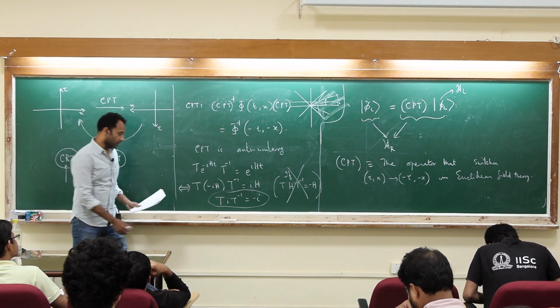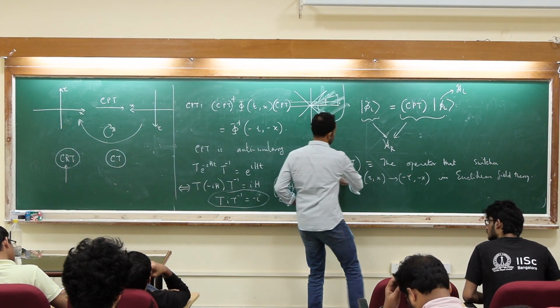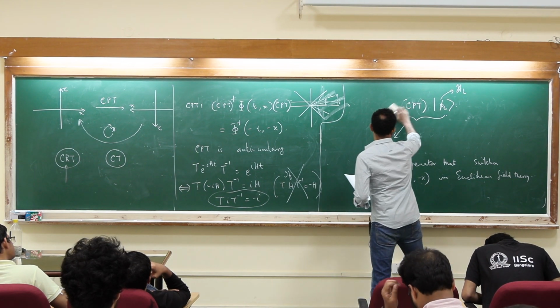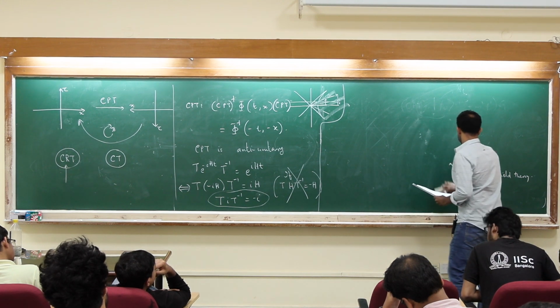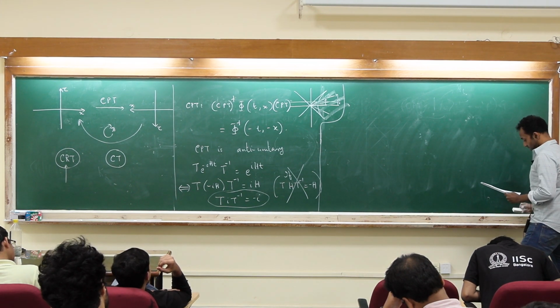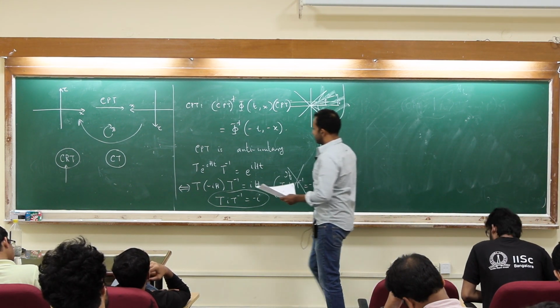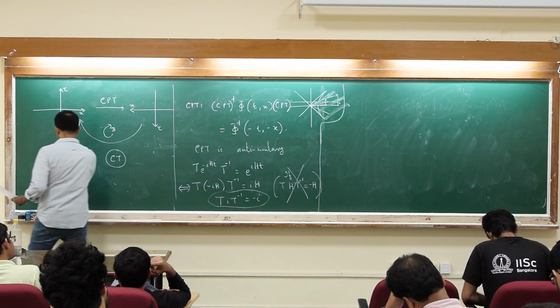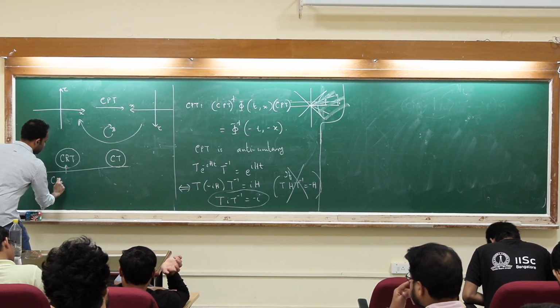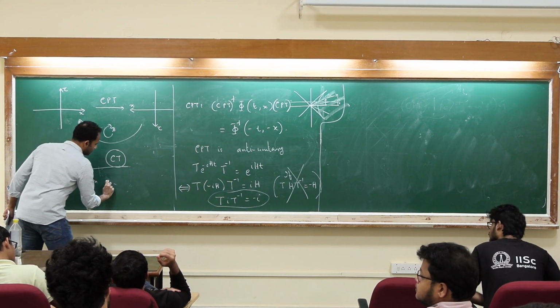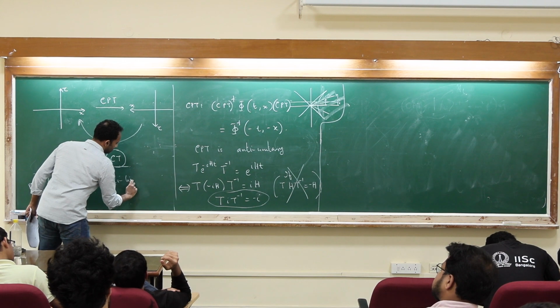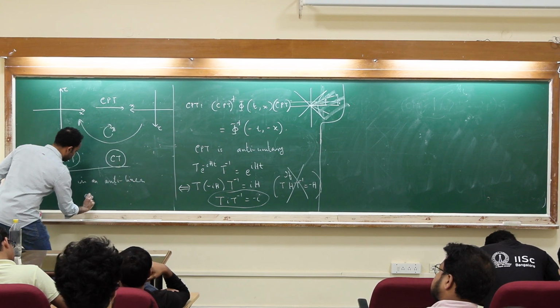There are a few things one has to say here, but we don't need most of it. I'll just say one fact here, which is that CPT, and time reversal also, is an anti-linear, anti-unitary operator.